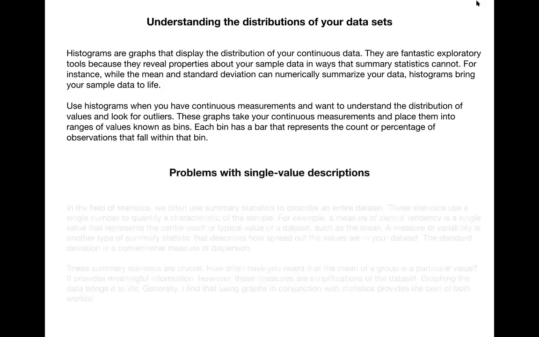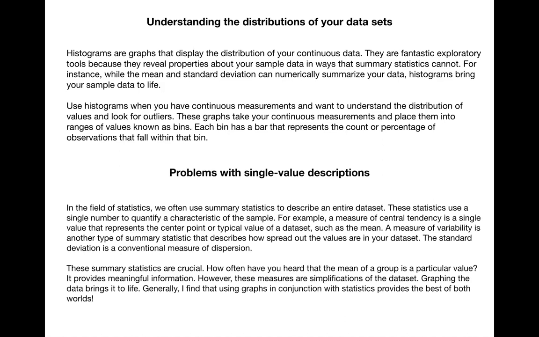The problem with single value measures, as we said, is that in statistics you're collapsing a large number of samples into a measure. For example, a measure of central tendency, which we will talk about. The mean is just a single value that represents the center point of the data set. And a measure of variability, for example standard deviation, measures how spread out the data are.